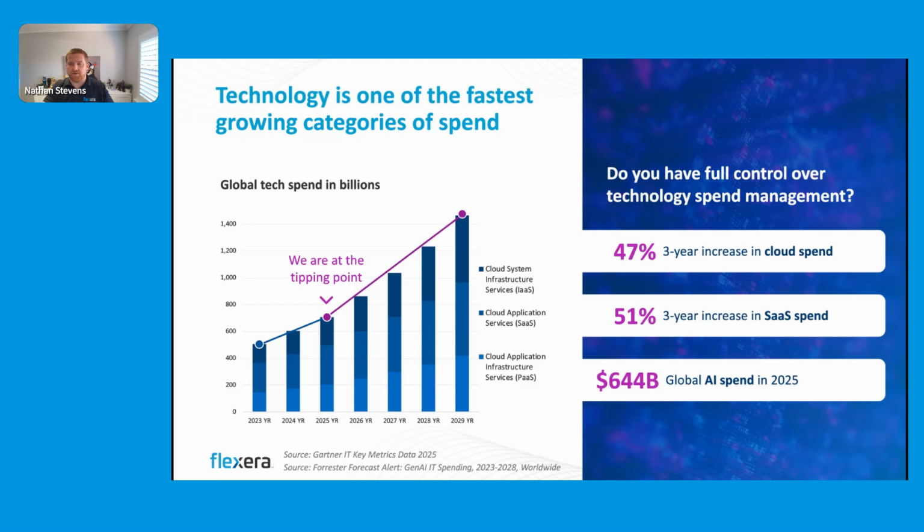If we focus on the graph here, it's going to increase year on year. The causes of that we can attribute to cloud and SaaS spend growing 50% in the last 3 years. AI is the big push in that as well. Huge spend at 644 billion global spend in 2025, and this is going to increase.